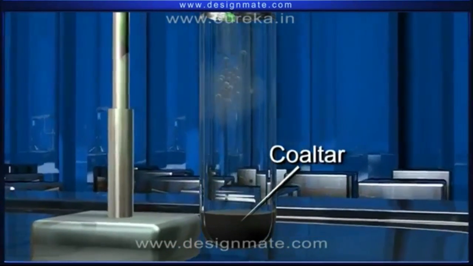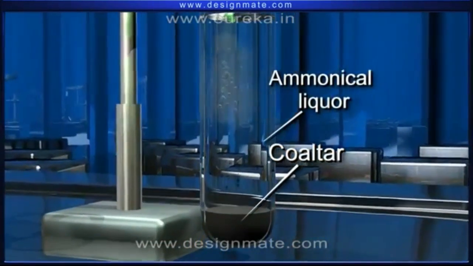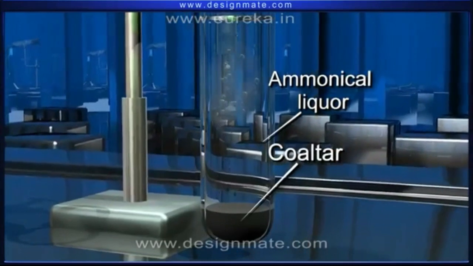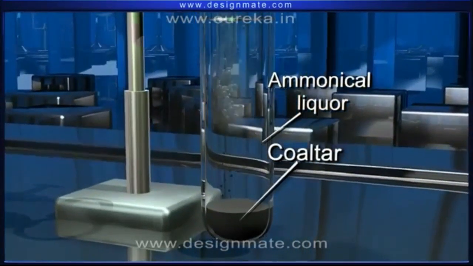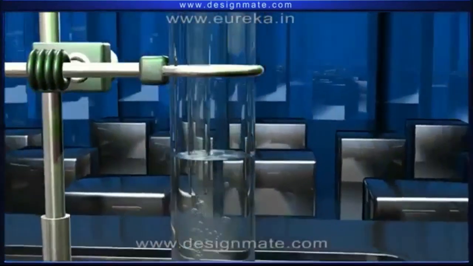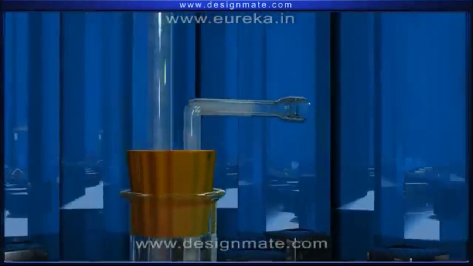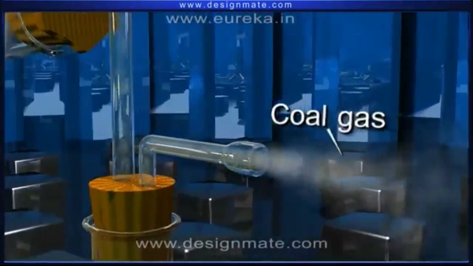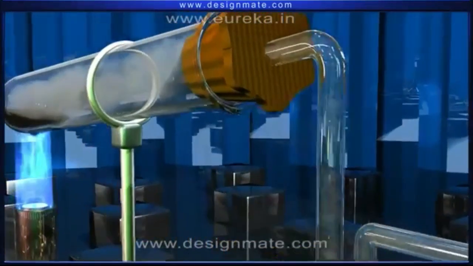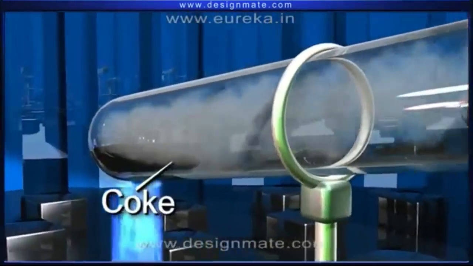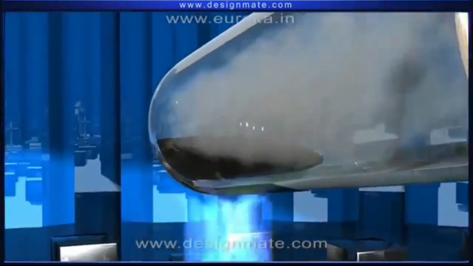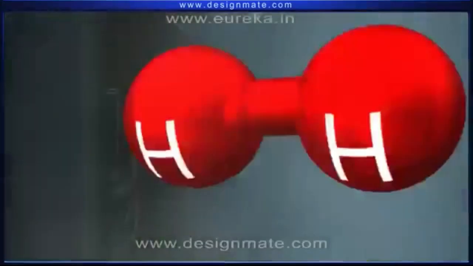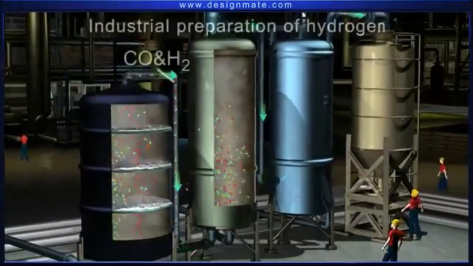This colorless layer is called ammonical liquor, as it mostly contains dissolved ammonia. Lastly, the unreacted vapors are released through the outlet of this tube, called coal gas, which is combustible. The material left behind in the horizontal tube is called coke. It is used in the manufacture of hydrogen gas.